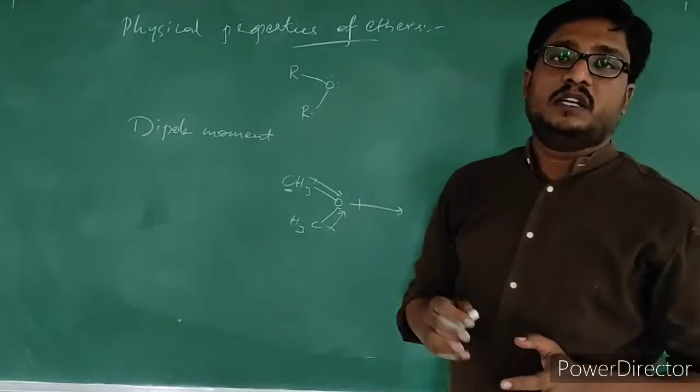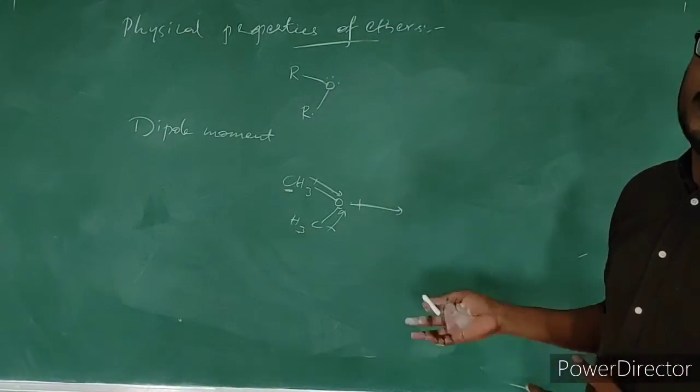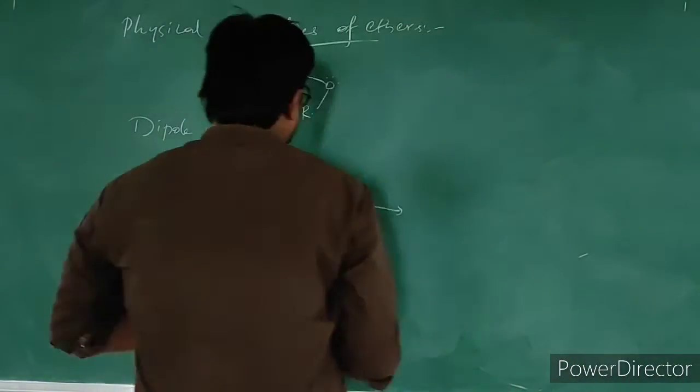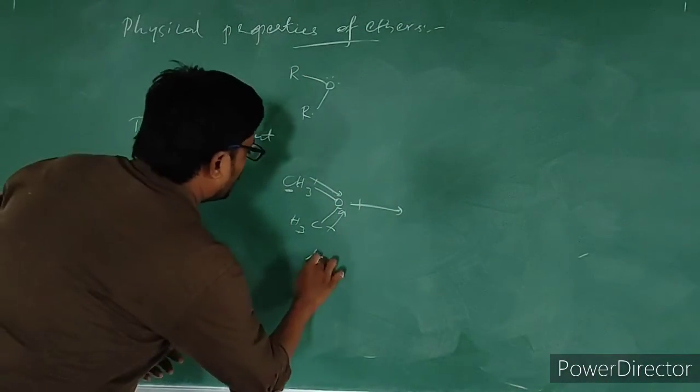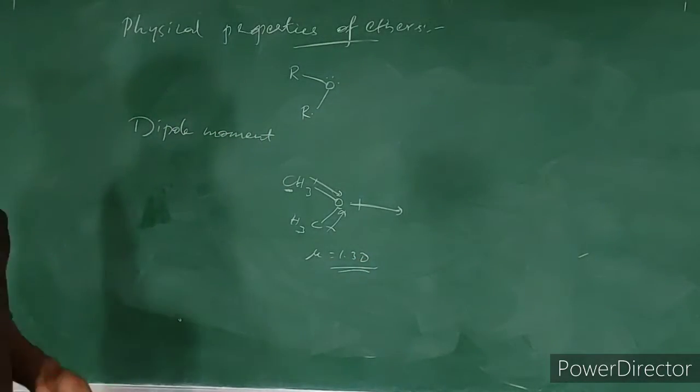Then the individual bond moment will be towards oxygen in this way. In this case also it will be towards oxygen. The resultant of these two will be in this direction. So ethers will have some dipole moment value, but the value will be low, not very high. For methoxymethane, the dipole moment will be around 1.3 D. This is the dipole moment value of methoxymethane.